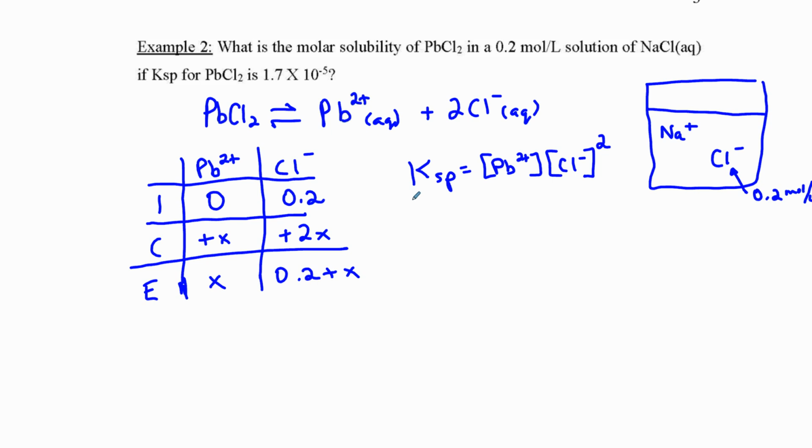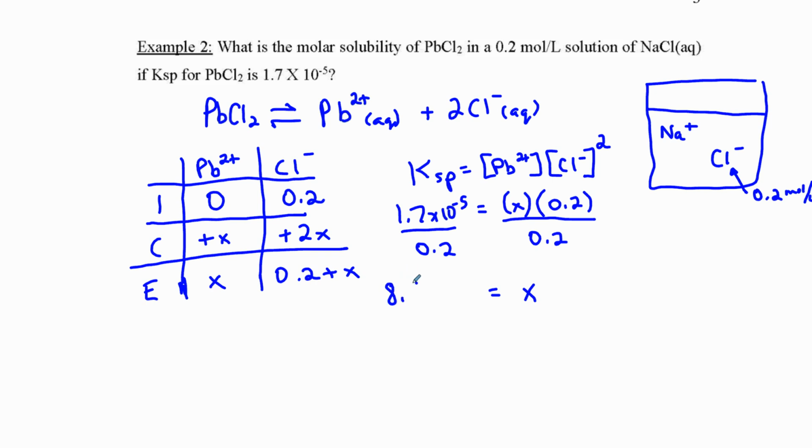I'm going to put in here my KSP value, which is 1.7 times 10 to the negative 5. Lead, I said, was X, and I'm always going to eliminate this X here when I do these problems because this X value is so small. I'm just going to simplify that one to 0.2. Then I can divide by 0.2 on each side, and that gives me my value for X to be 8.5 times 10 to the negative 5.